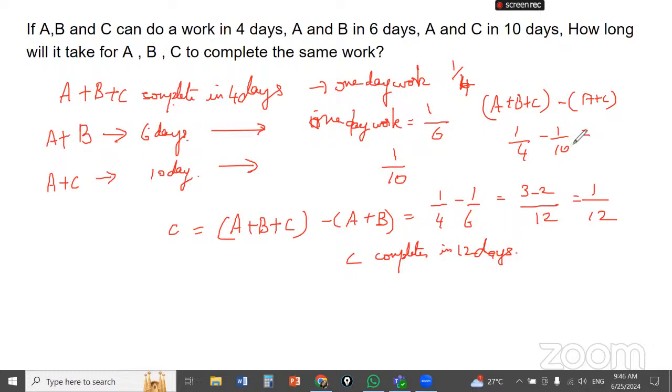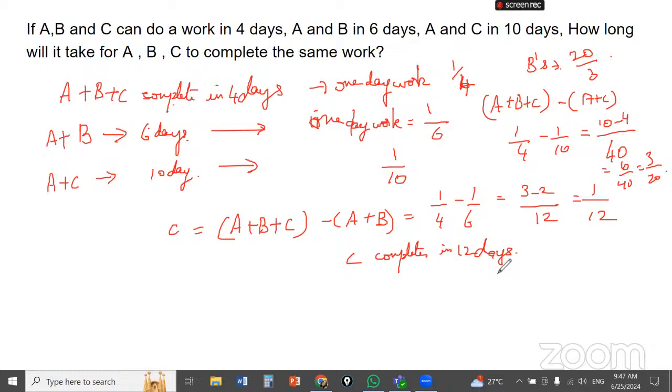So this is 10 minus 4, that's 6 upon 40, 3 upon 20. So B's 1 day work is 3 upon 20. So total days B takes is 20 upon 3. Correct, Mercy, you're right. So we got it for C and then we got it for B.